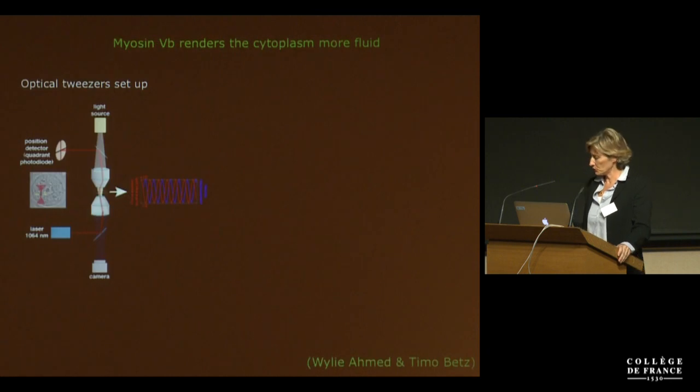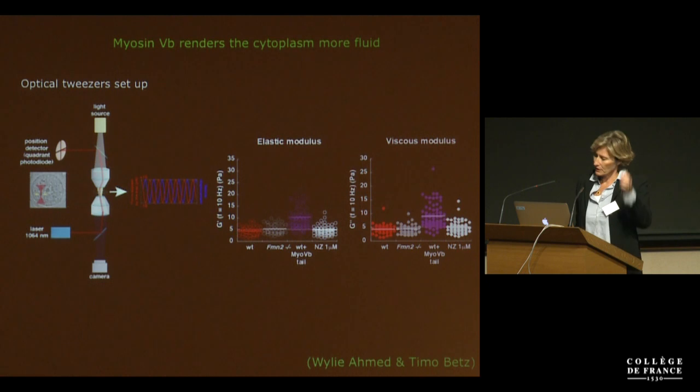So how could it work? We decided to directly measure the parameters of elasticity and viscosity inside the oocyte, and to do that, we collaborated with Willy Ahmed and Timo Betz at the Curie Institute, and we used optical tweezers to probe the oocyte cytoplasm.